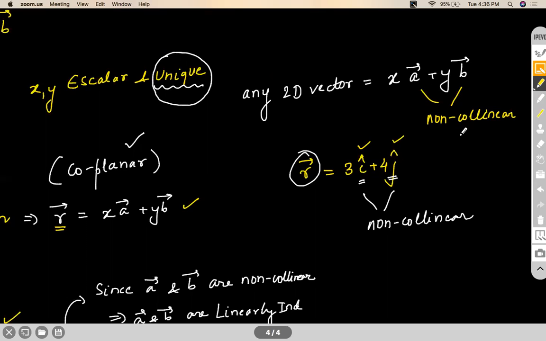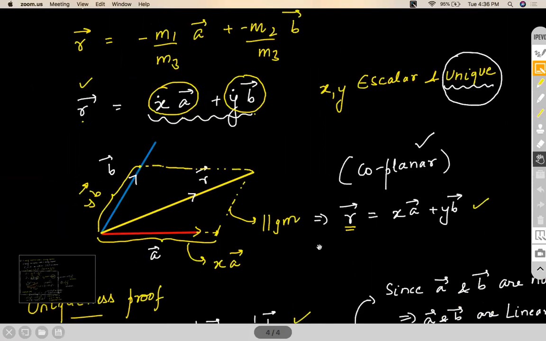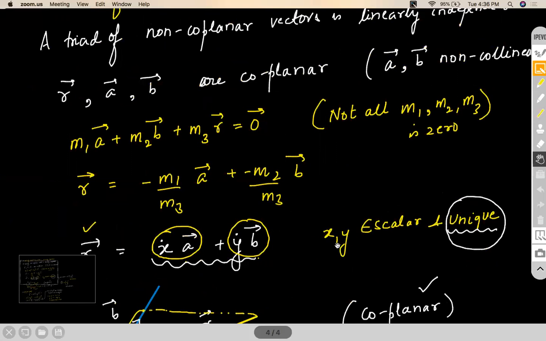Are you getting my point? What I'm trying to say here? I and J are just convenient choices for us. Correct? Right? Similarly, we'll talk about a system of three vectors, a system of 4 points, etc. So as of now, is this clear? I'm going to move ahead.